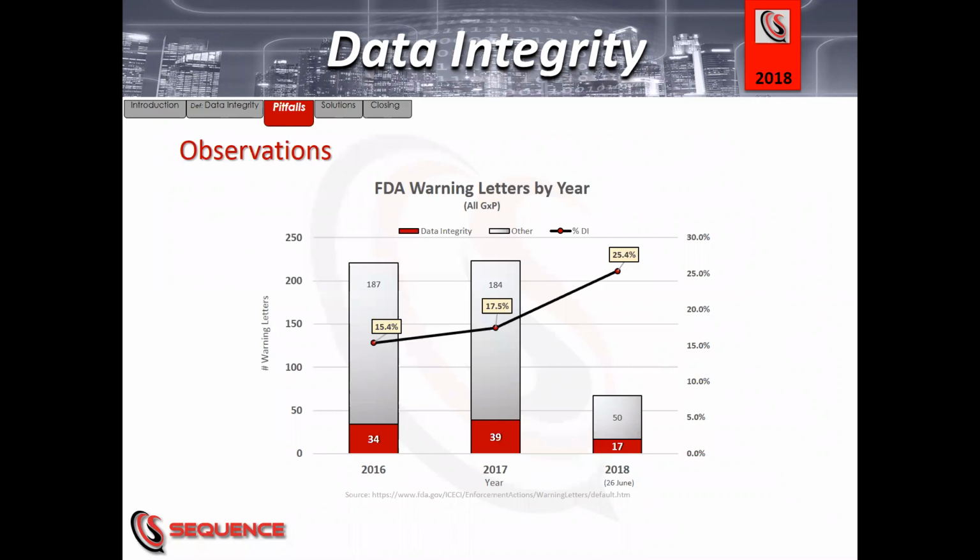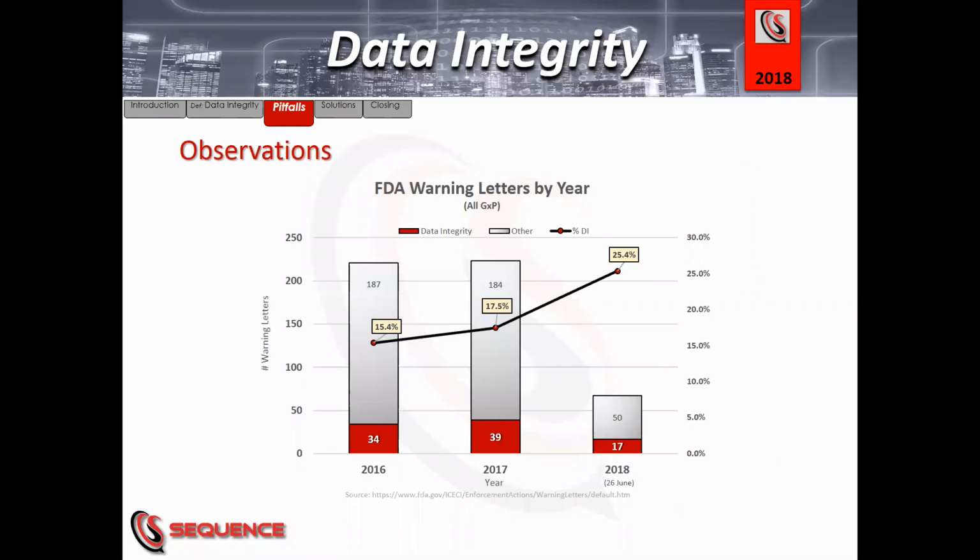So just look at the trend here. We have 15.4% of the warning letters in 2016 dealing with data integrity. That's gone up in 2017, where 17.5% dealt with data integrity. And now look at the jump so far this year.